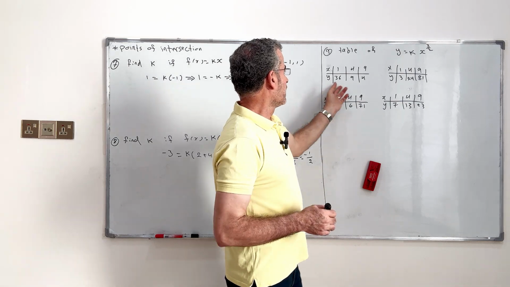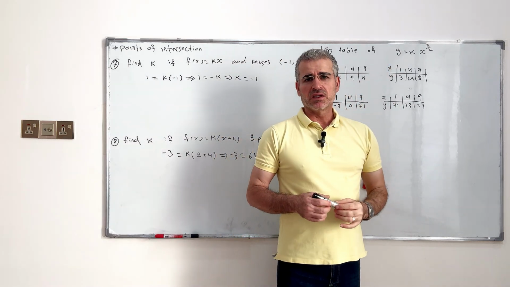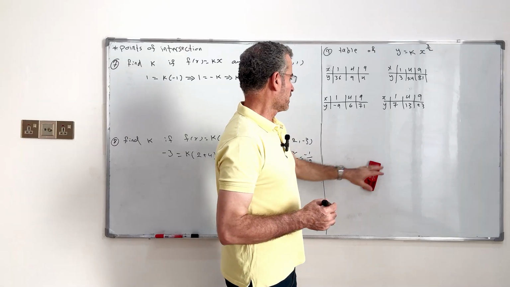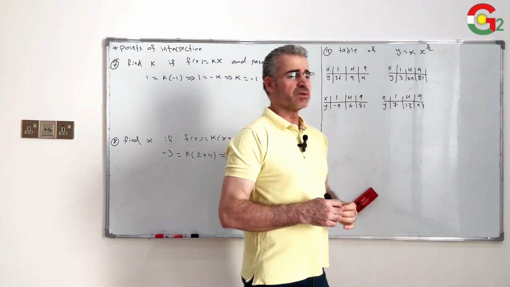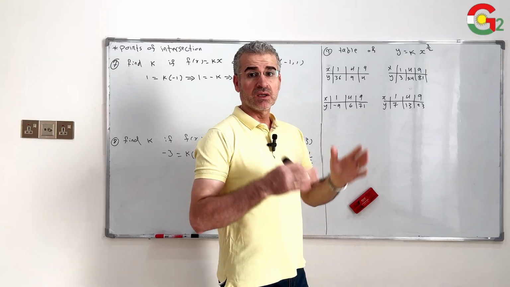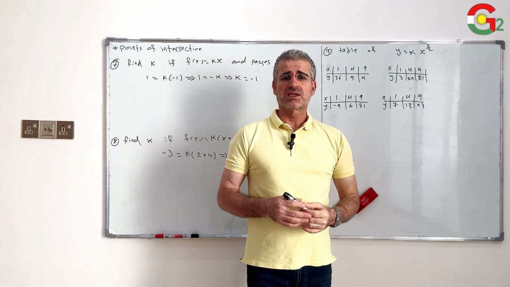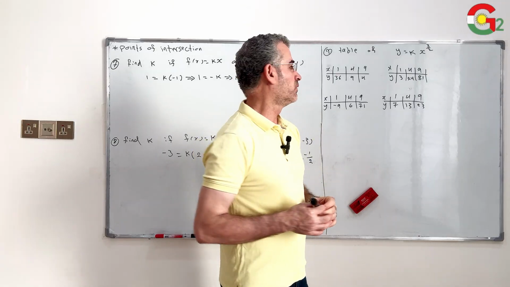The table that gives me the same value of k is the table of this function. I'll take 2 points from every table and substitute them in the function. The result should give me the same value for k.